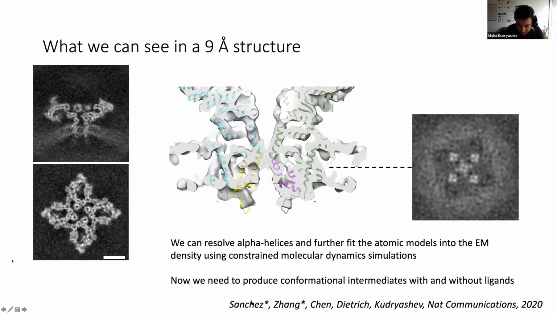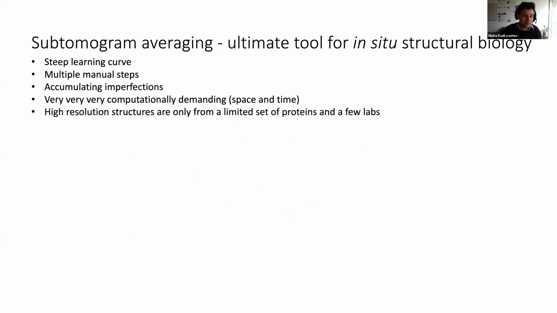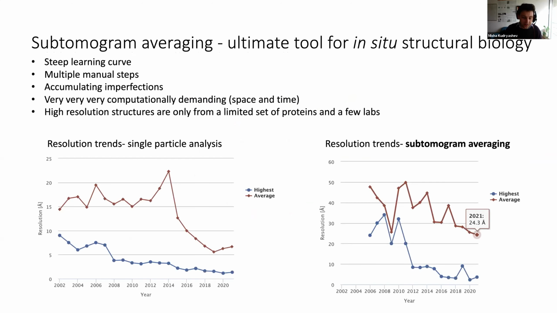Wenbo Chen, who recorded this dataset, left at some point by graduating from his PhD, and we turned to it, but even very good students experience a very steep learning curve, as subtomogram averaging does have multiple manual steps, and it takes significant computational time to store and to process the data. And as a result, I will use this EMDB statistics: even though the structures do get better over time, they're really, really difficult to produce.